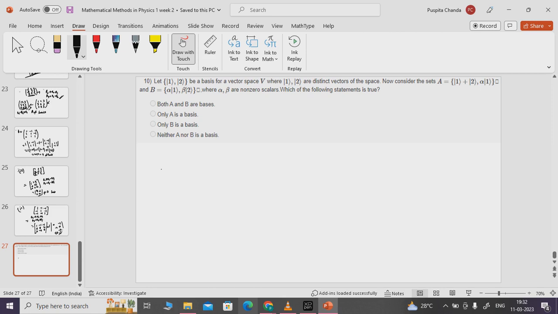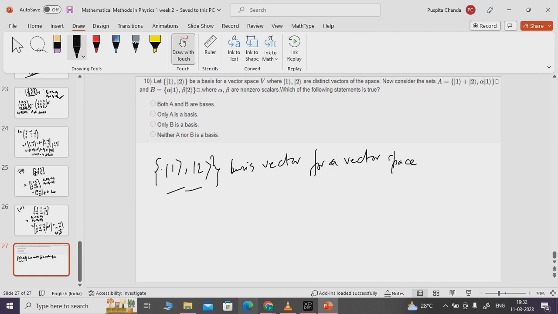Let v1 and v2 be basis vectors for a vector space, where v1 and v2 are distinct vectors of the space.